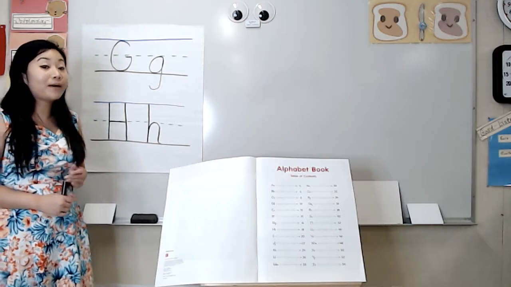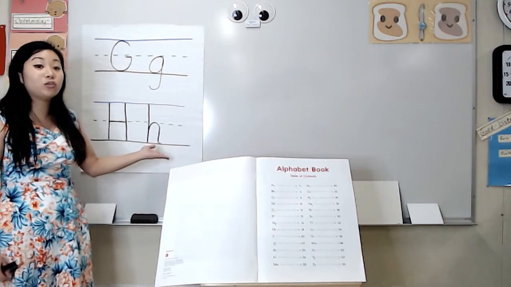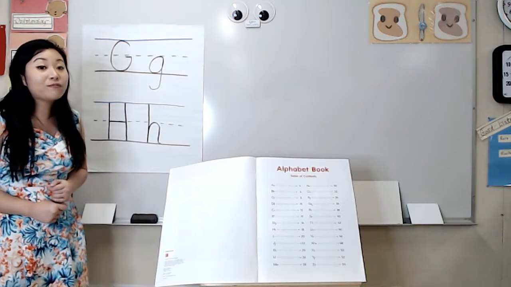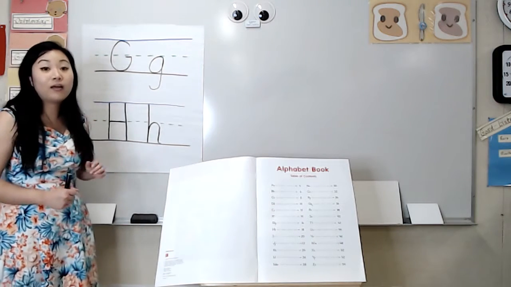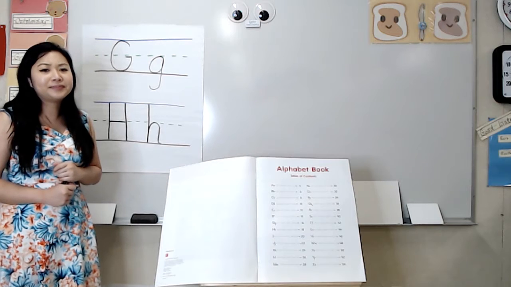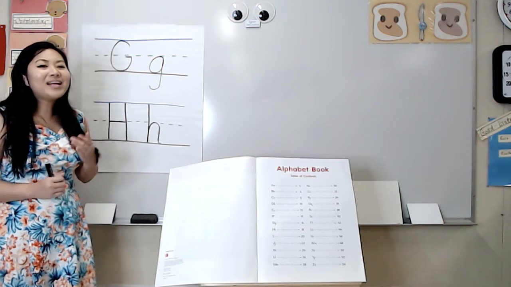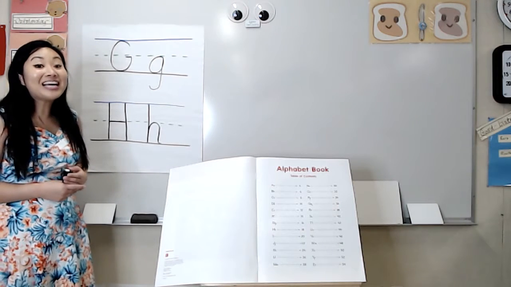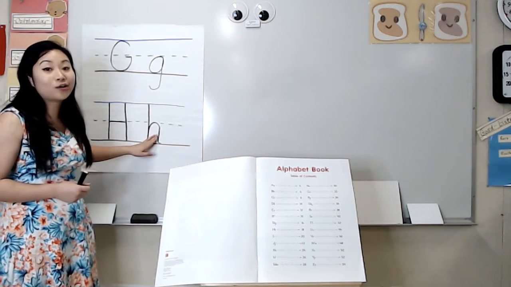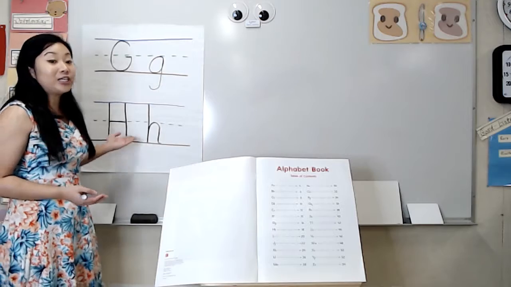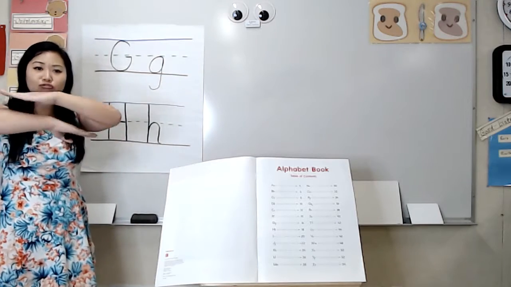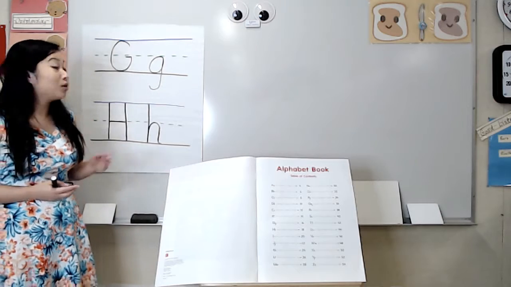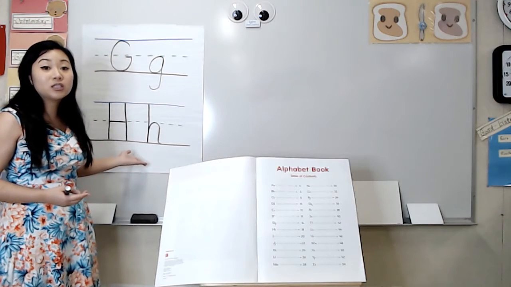What do you notice about uppercase H and lowercase h? Well, they both have parts that touch the sky, but what's different? Oh, you're right. Lowercase h has a little curve, and uppercase H is made of completely straight lines. Now, let's look at both letters. What do you notice?